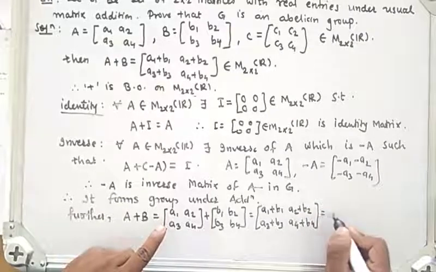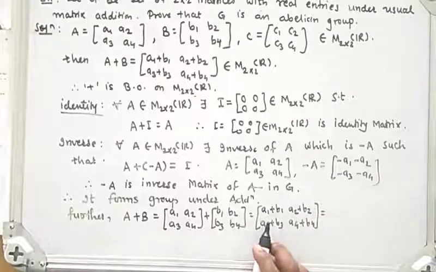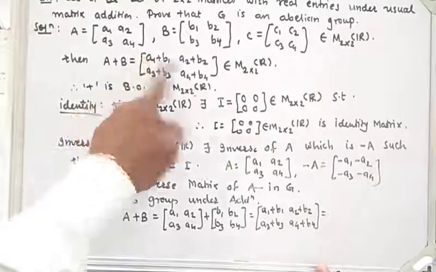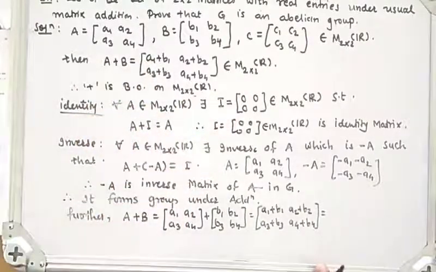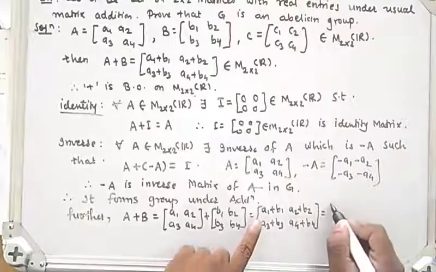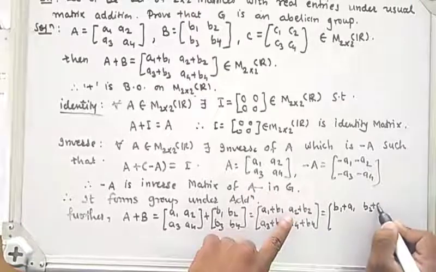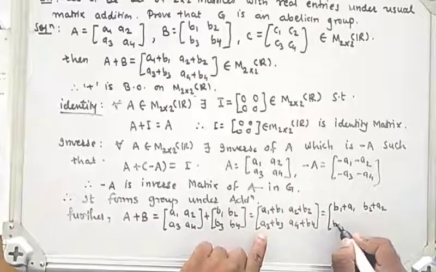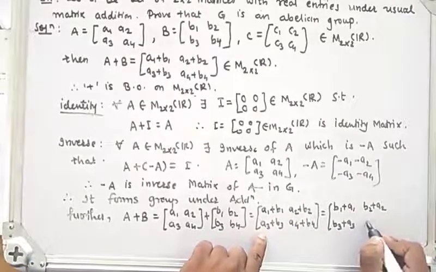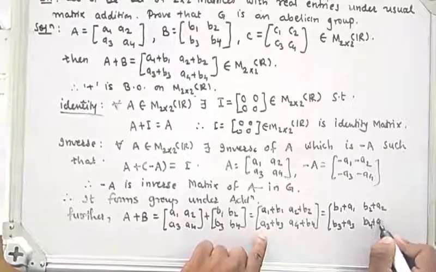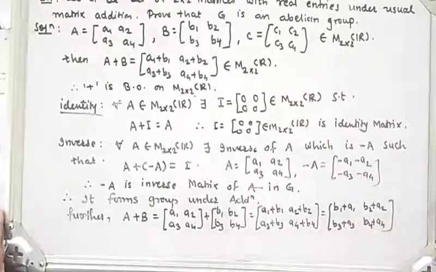Here we know this can be written as B1 plus A1, B2 plus A2, B3 plus A3 and B4 plus A4, right, because it is the same values.